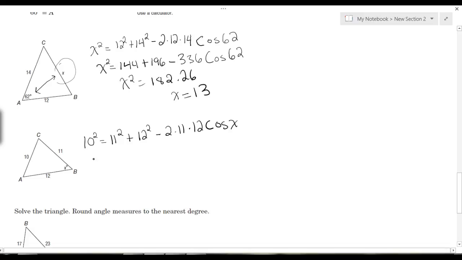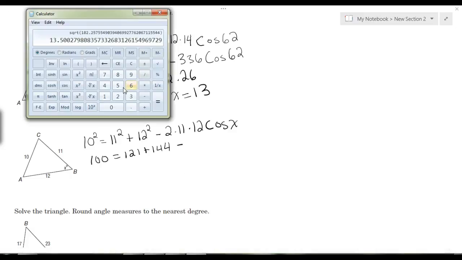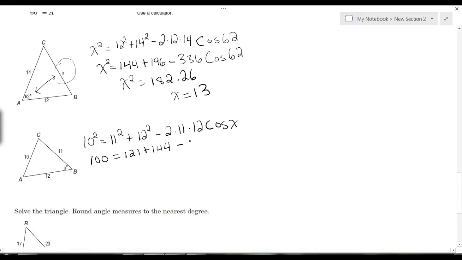So now we'll do some math. 100 equals 121 plus 144 minus, I'm going to use my calculator, 2 times 11 times 12 equals 264. So minus 264 times cosine of x. So let's start moving some things over.